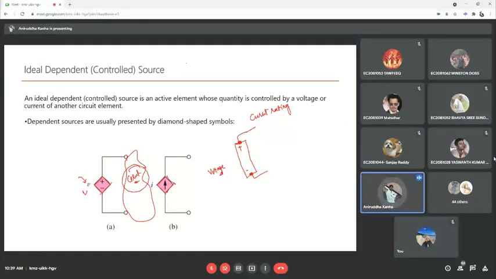Okay, then come to the household appliances. That is the best example. You must have seen they have a power rating. Absolutely right. I'm coming to that point only. In your house, you generally have two different types of pins. One which is smaller, where you will generally connect your charger.